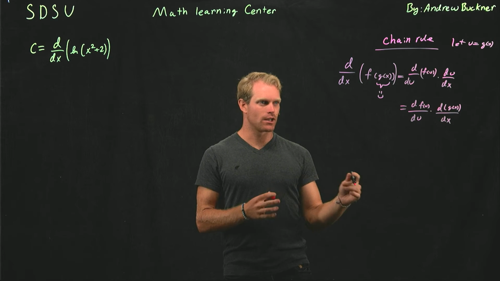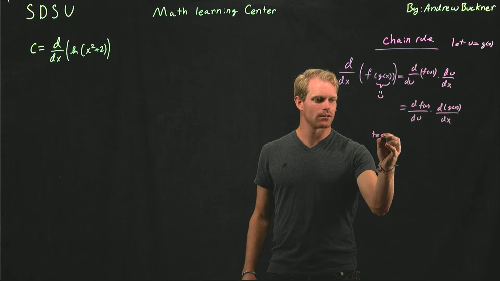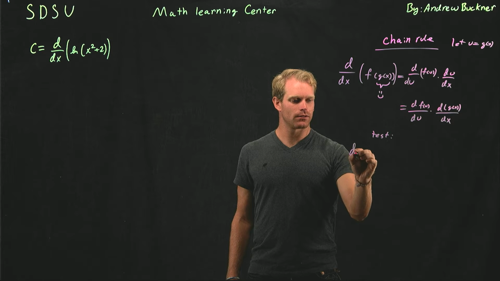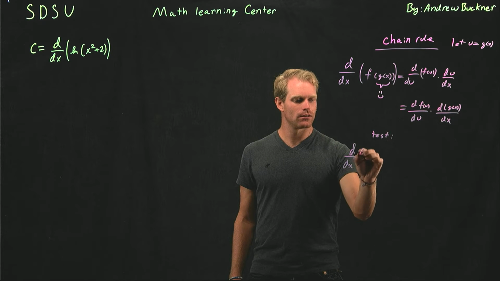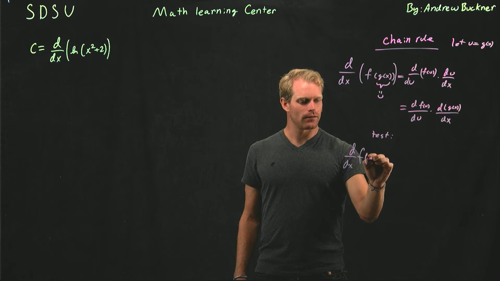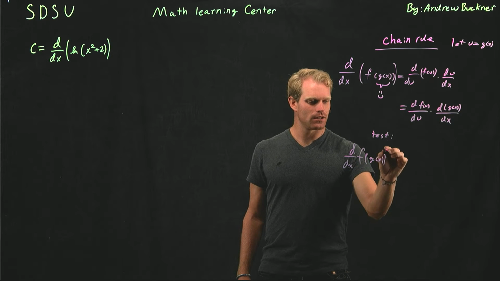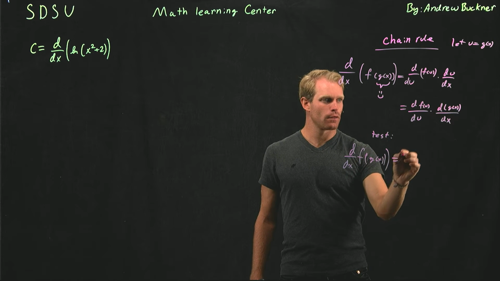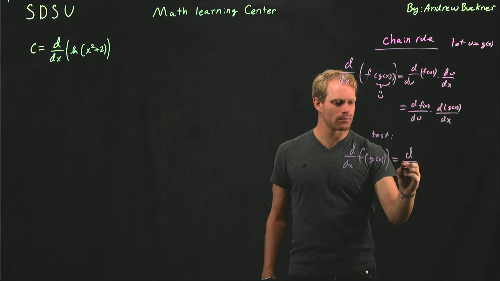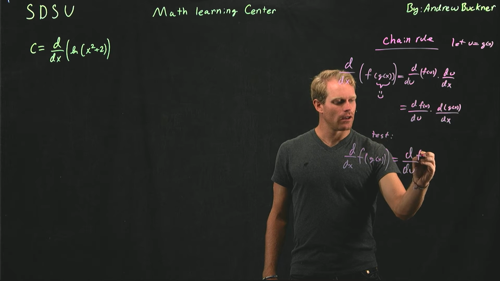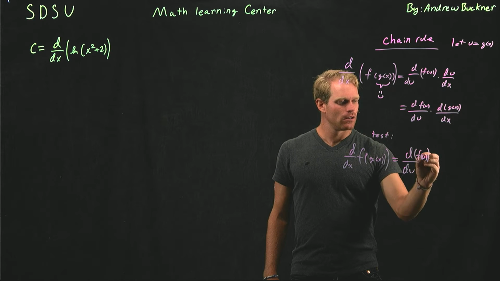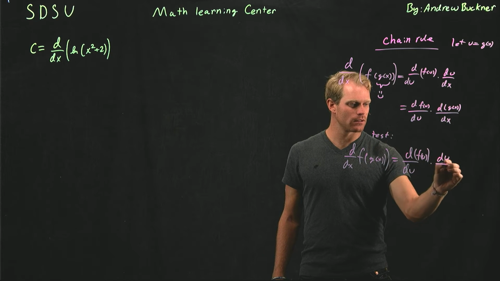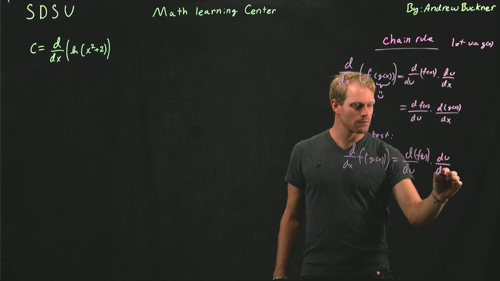And there's ways that we can check it. So let's just go ahead and test this out, where if I'm being asked to do the derivative with respect to x of f of g of x, and I'm still going to let my u equal my g of x here, I'm going to have the derivative with respect to u of f of u, not to be confused with fu there, times the derivative with respect to x of u.